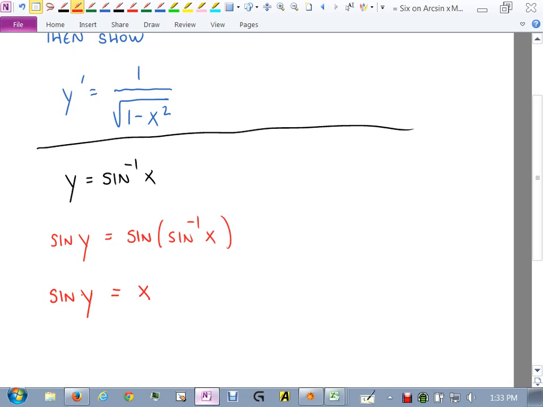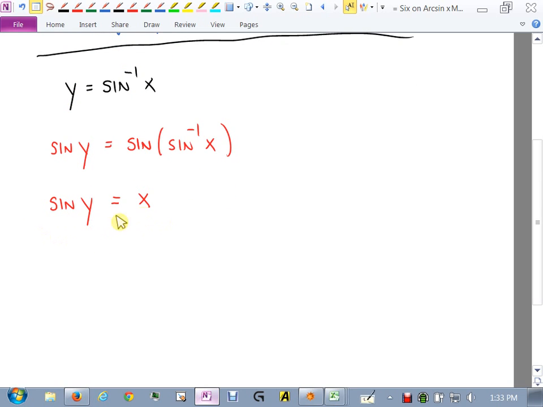Remember, our goal here is to figure out what the derivative of y is, right? What's y prime? So right now I have a new equation, and what I'd like to do is differentiate implicitly with respect to x. So what is the derivative of sine of y with respect to x?